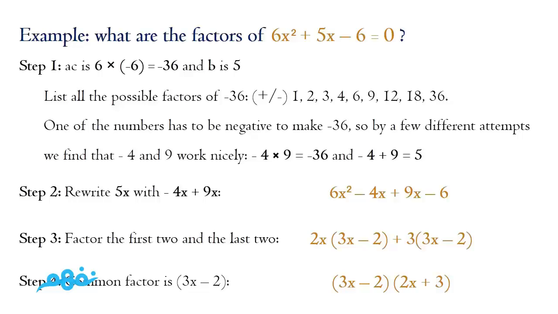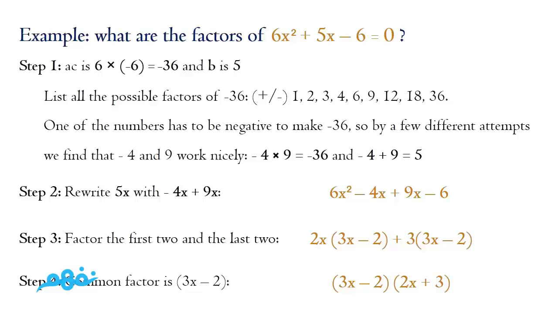How? Because negative 4 multiplied by 9 equals negative 36, and negative 4 plus 9 equals 5, which is the b of the function. And then we rewrite the b term in the new form, which is negative 4x plus 9x.